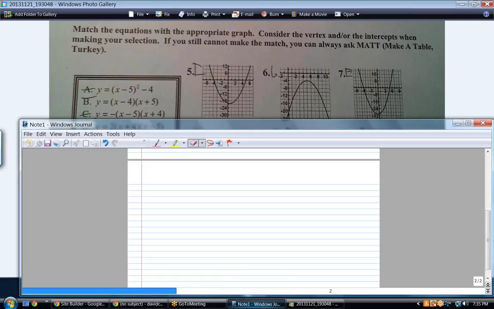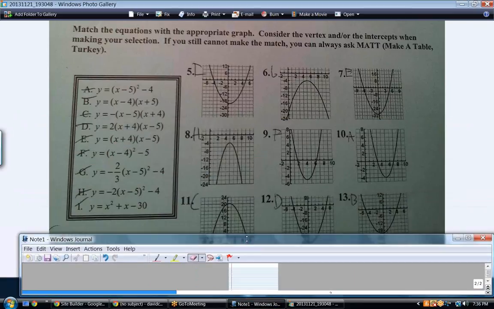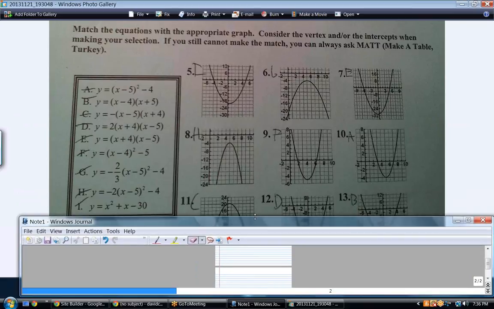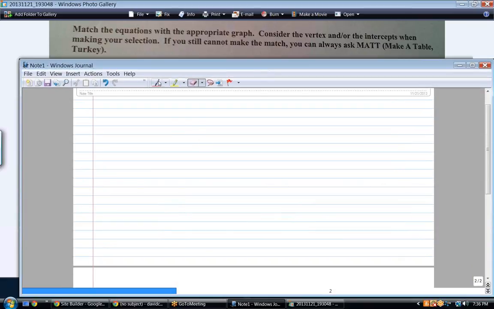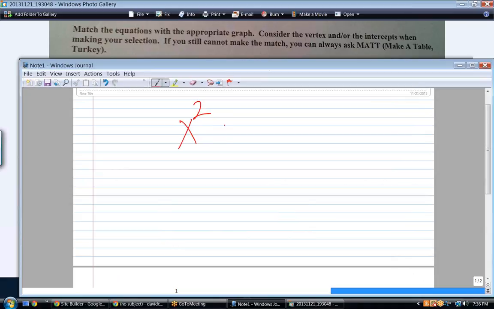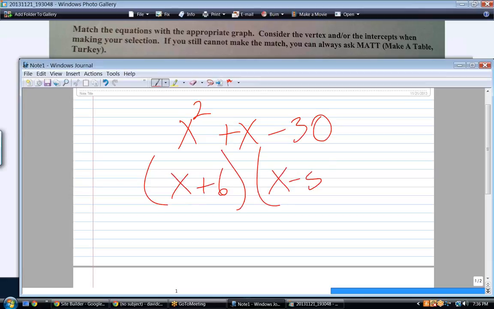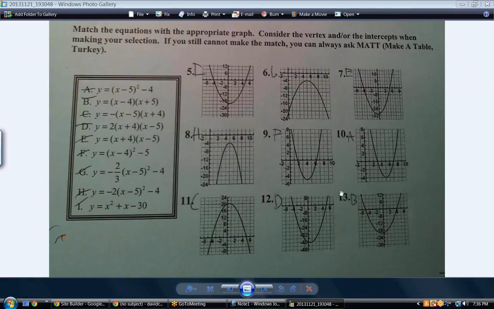Did I do that right? Yeah, I'm graphing it now. x squared plus x minus 30 factors into x plus 6 and x minus 5, which means x equals minus 6, x equals 5. Let's see if we can see a function that goes right there.